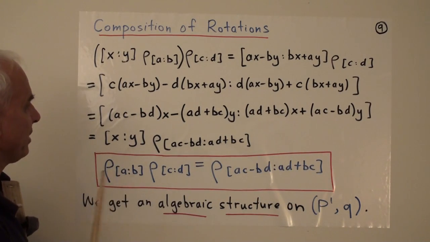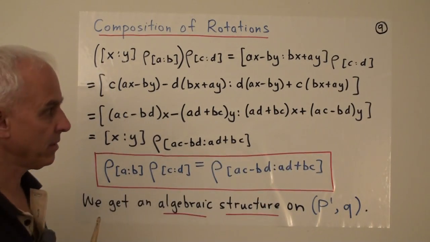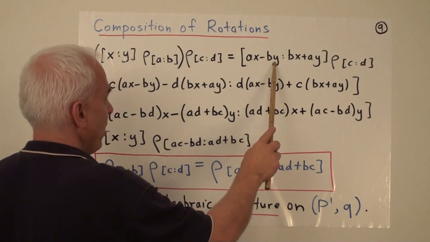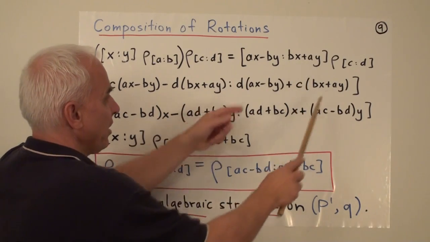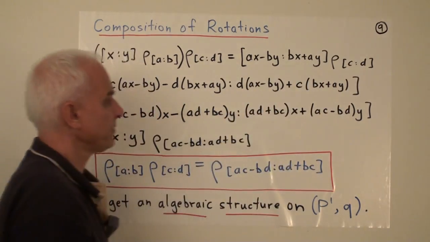Okay, how do we do that? That's a little bit more complicated. That's going to be also another projective 1 point, obtained by taking c times the first one minus d times the second. And over here, d times the first plus c times the second.